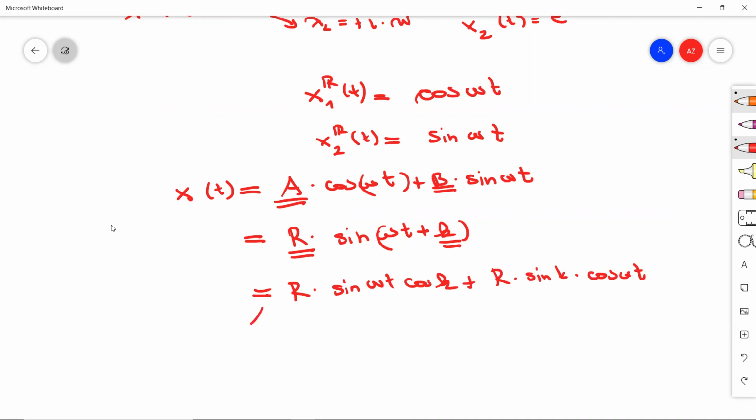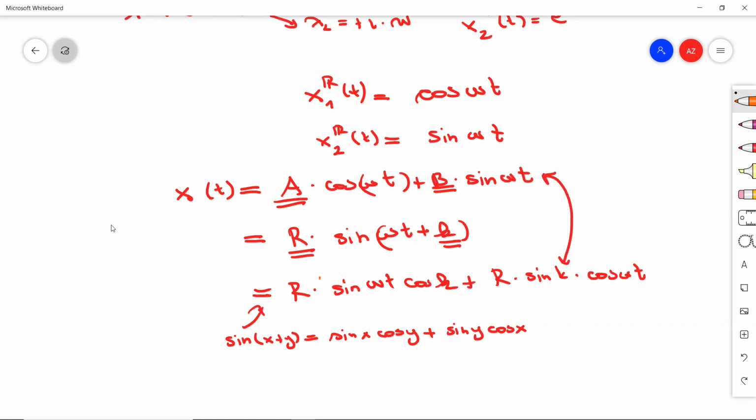So I just used here that sine of the sum is sine of the first one times cosine of the second one plus sine of the second one times cosine of the first. And now we compare the first and the third line.